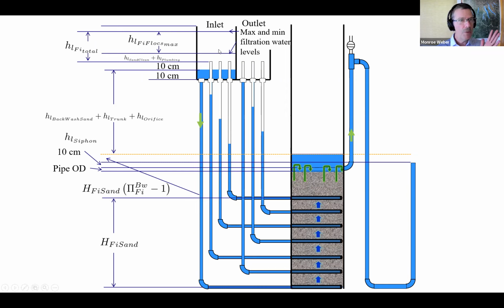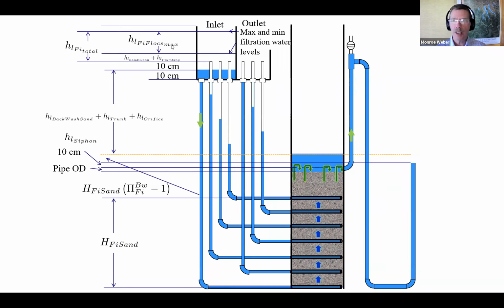The question is, where does that water go? The only option for it to leave is to get to this outlet box, because the outlet through the backwash siphon has been blocked.